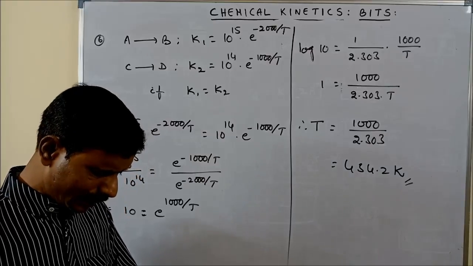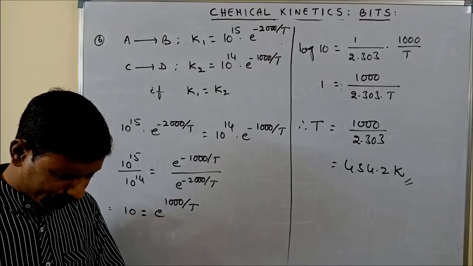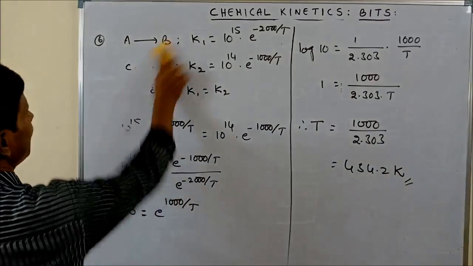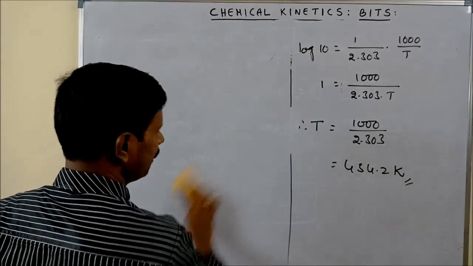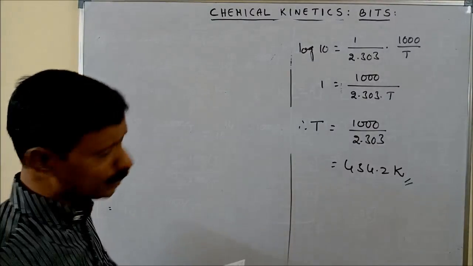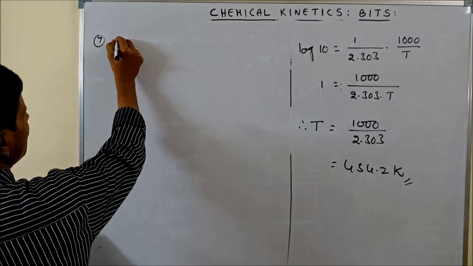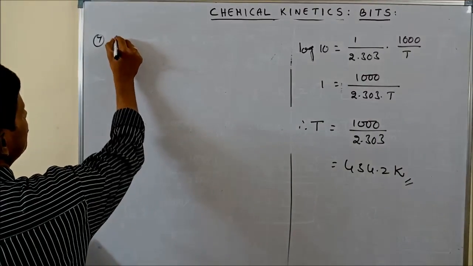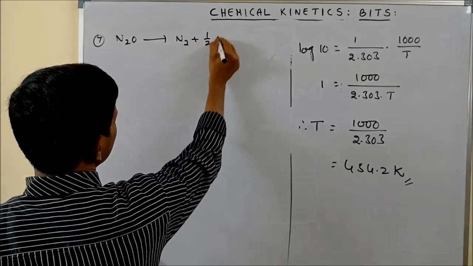Okay, and after that, there is one more important model related to this temperature dependence. The question is like this: during the decomposition of N2O, N2O is going to decompose as N2 and half O2.